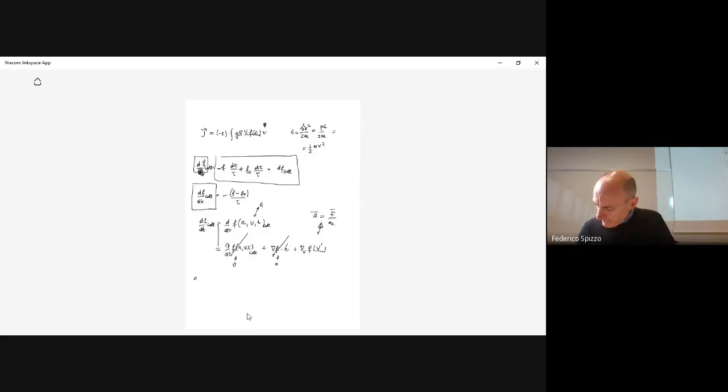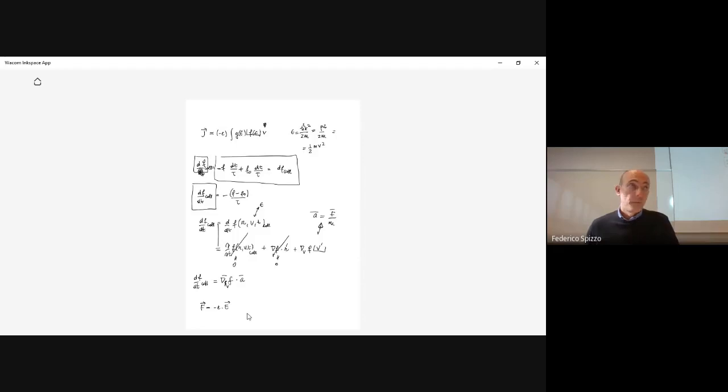So df over dt due to collisions, in this case, is the gradient of f with respect to the velocity times the acceleration. In this case, the acceleration is due to an electric field. So F is minus e times the electric field.